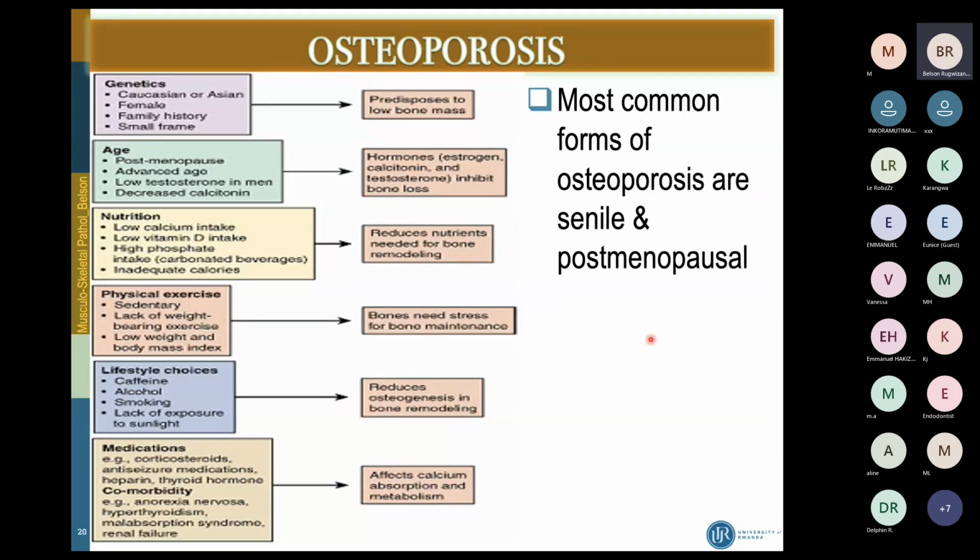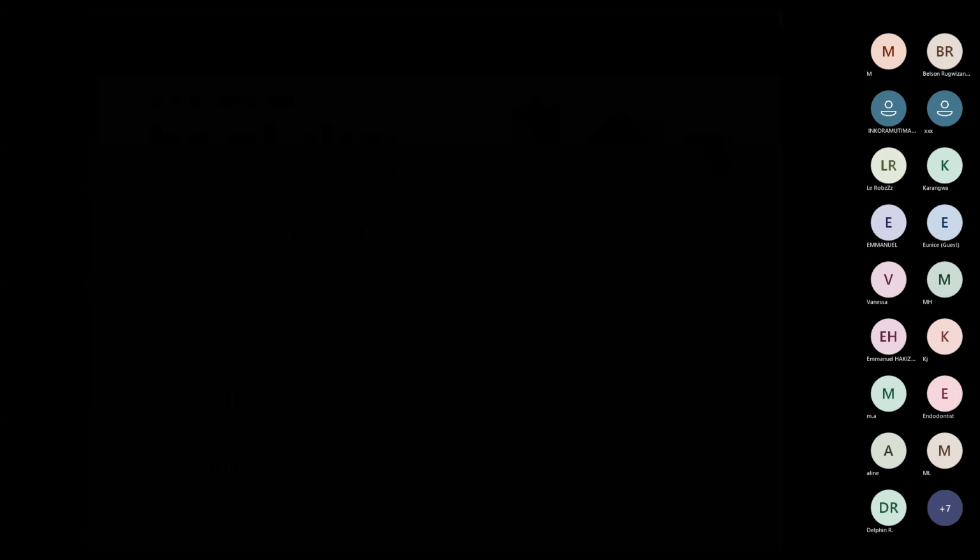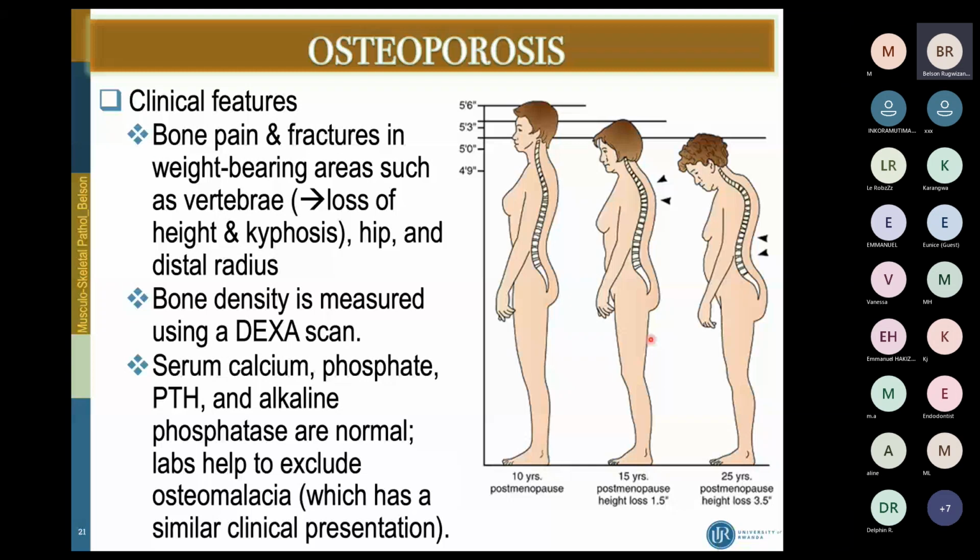Otherwise, if you have an X-ray alone, you cannot distinguish both, because in both we have less calcium of bone, less calcification. So this is what I was explaining. Do you see this one? After 10 years after menopause, you see her height, how it was. Then after 5 years, you see how she is. If 25 years, you see how she is.